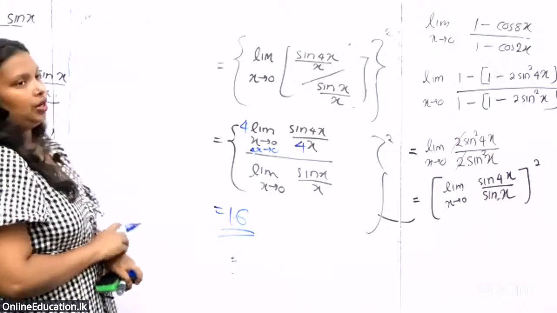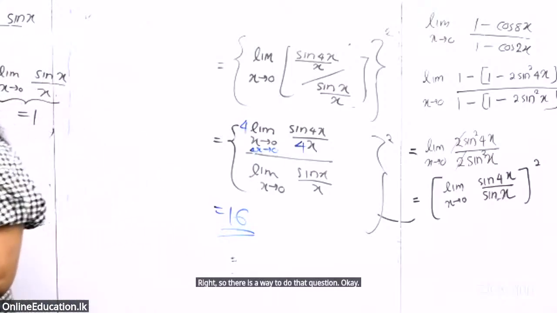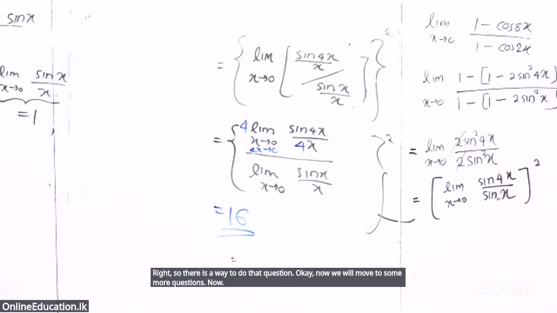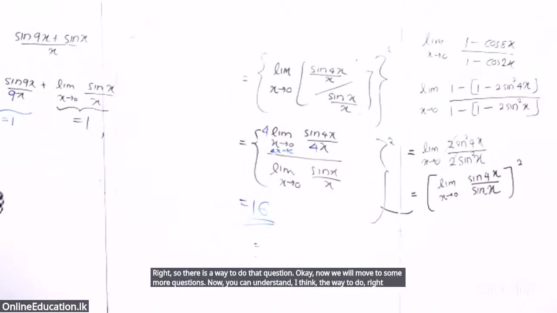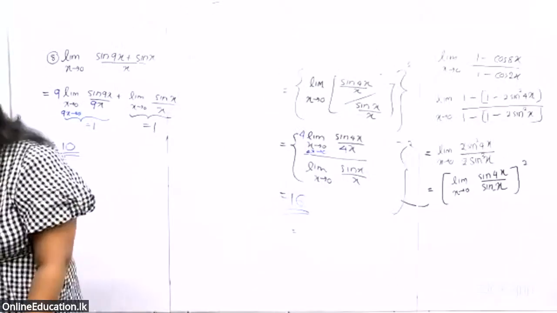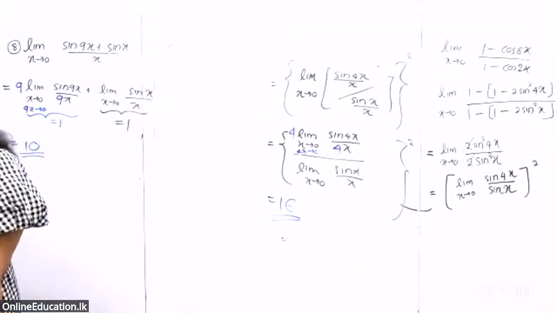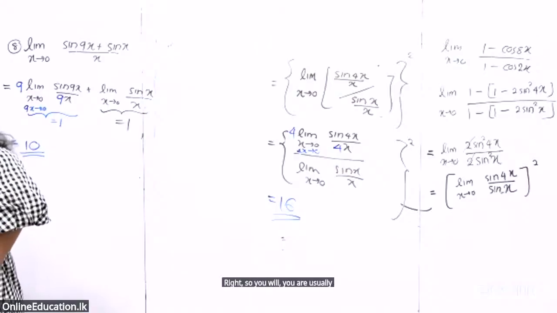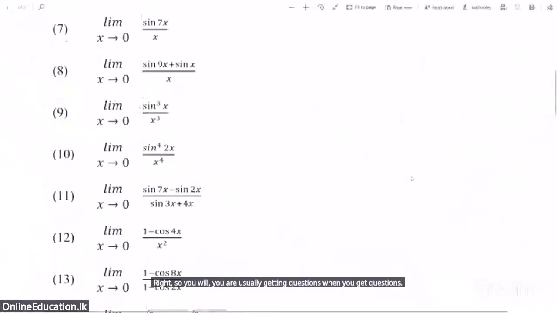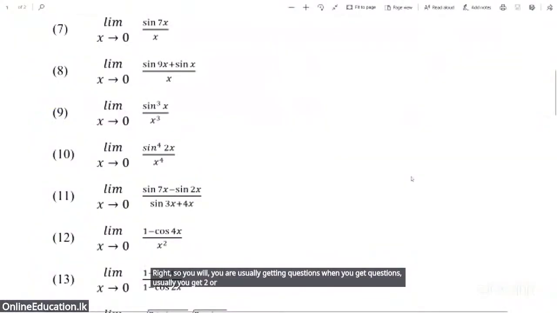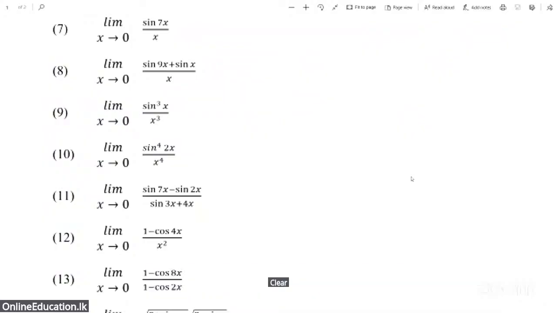Right. So there is a way to do that question. Okay, now we will move to some more questions. Now you can understand, I think, the way to do it, right? So you are usually getting questions. When you get questions, usually you get 2 or 3 properties to use. I mean, question patterns, right?